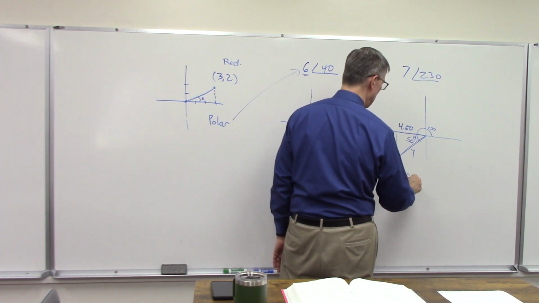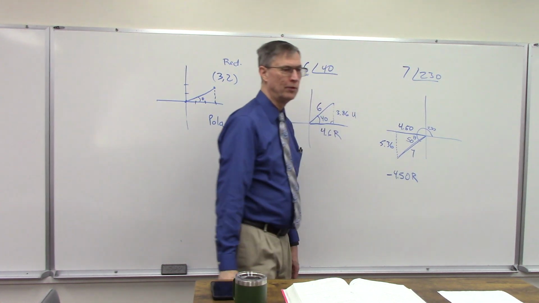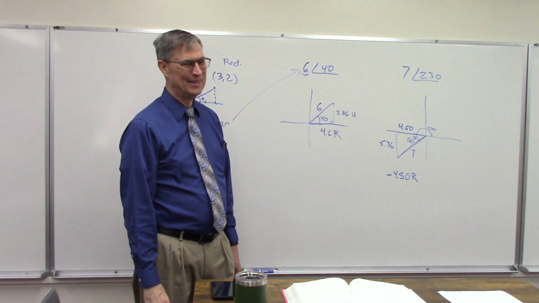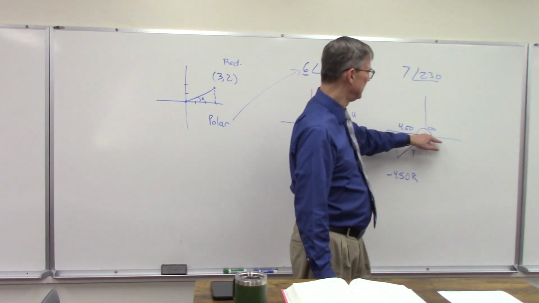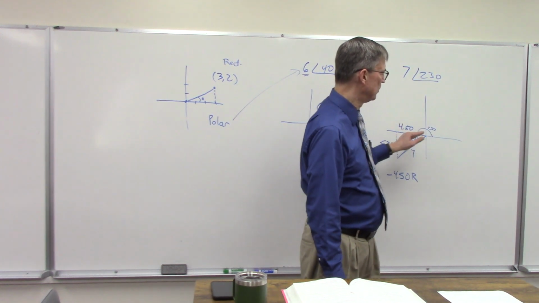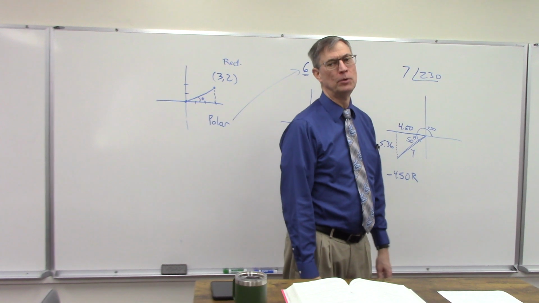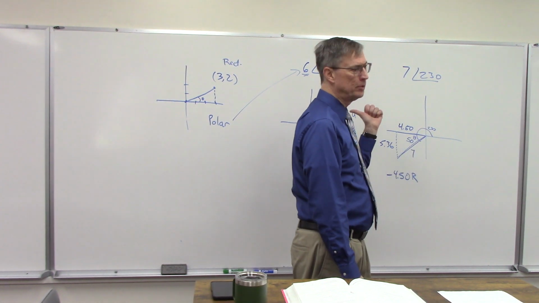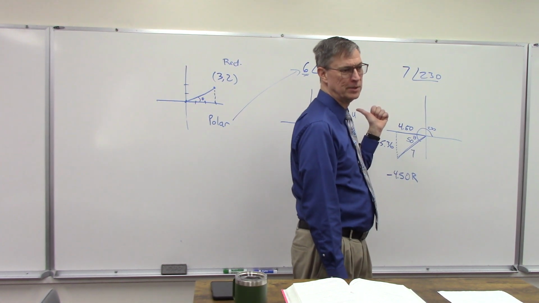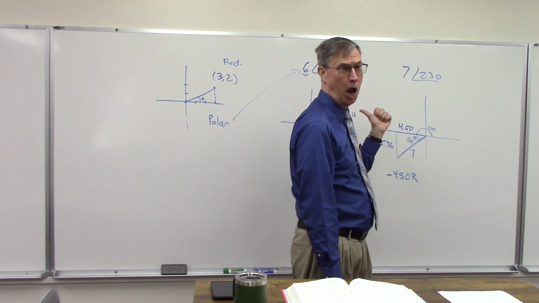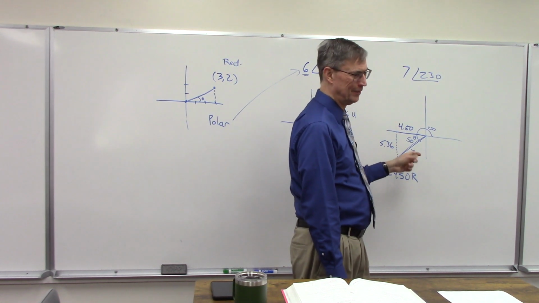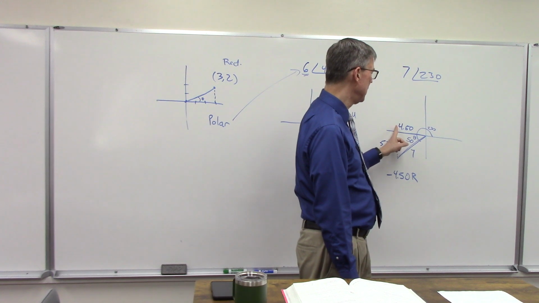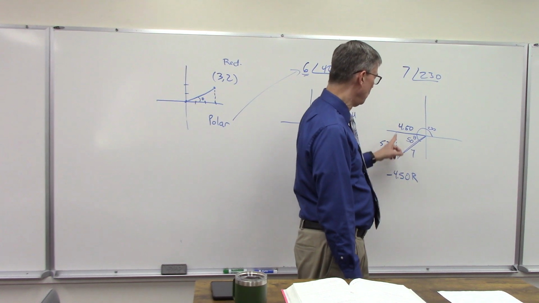But we call it a negative 4.5 R. If it's anywhere over here, it's a positive R because we're going in the positive direction to the right. But if I'm going to the left, it's not positive, it's negative R, which is left. Got it? It's on the negative axis. So negative 4.5 R.